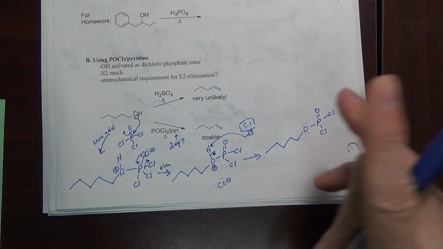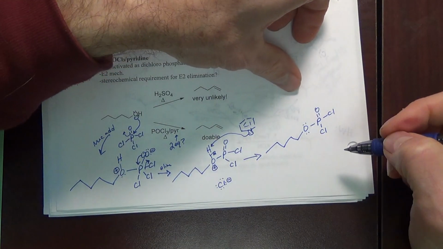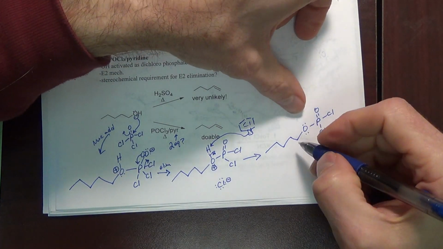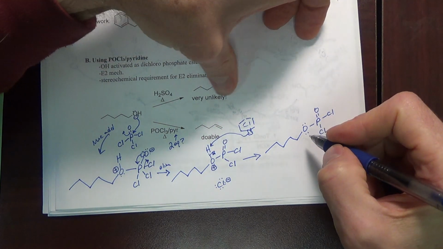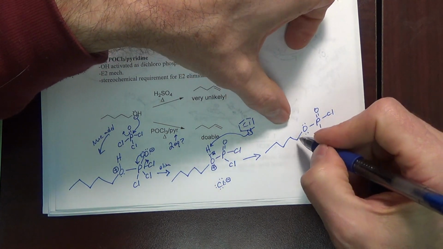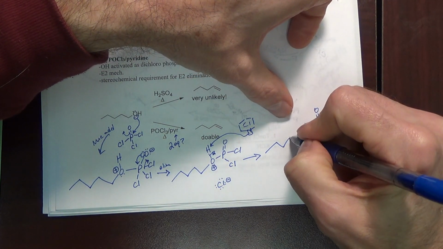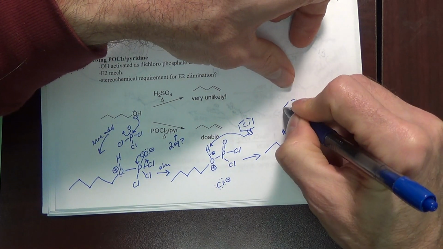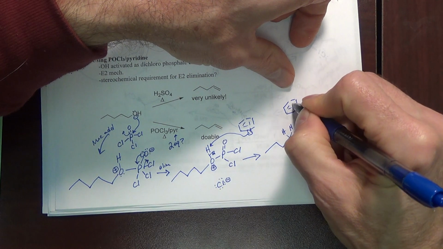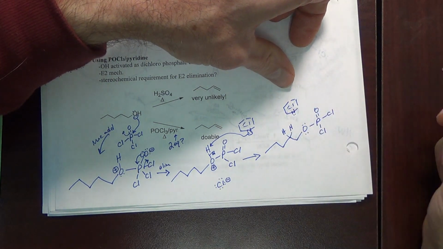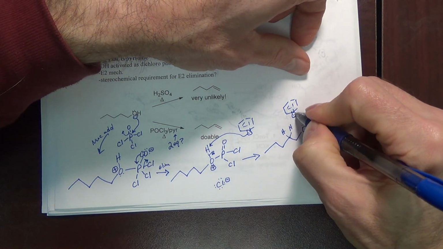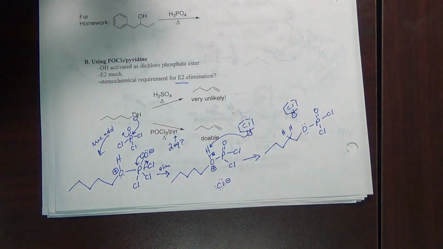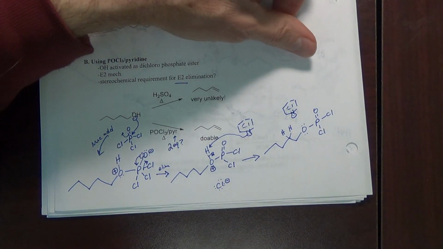I'm not going to show that. We showed that earlier. You've got that there. Let's focus on here. We're trying to do an elimination. At this point, a second equivalent of pyridine can come in here and do an E2 elimination.